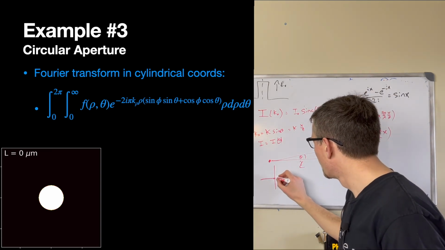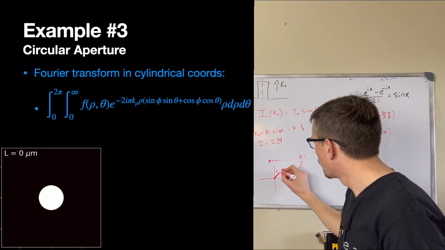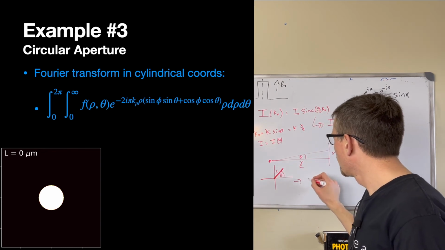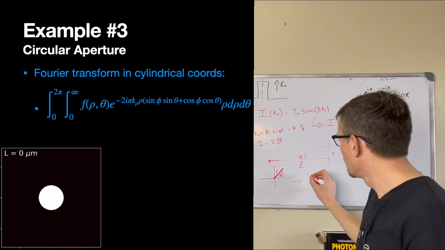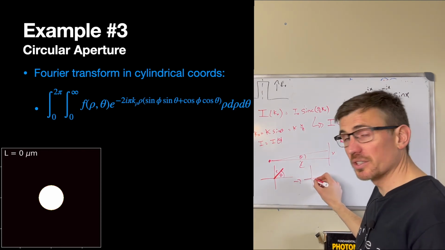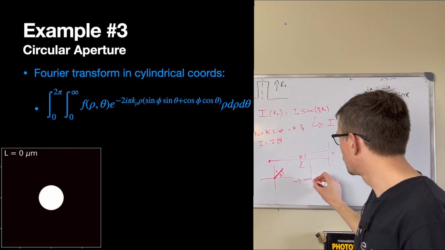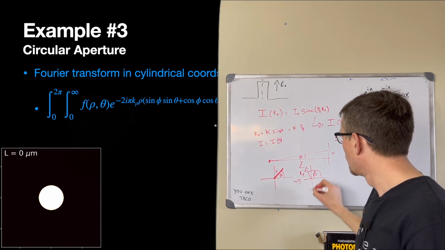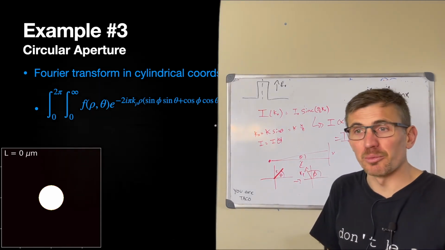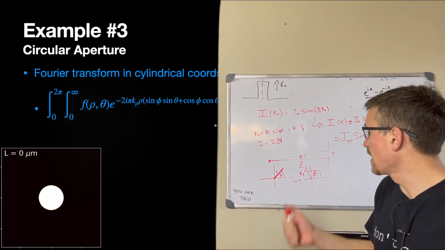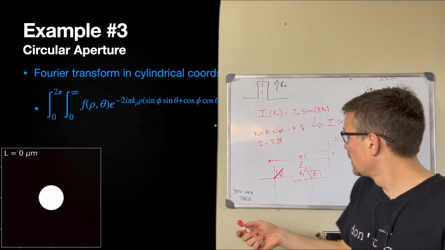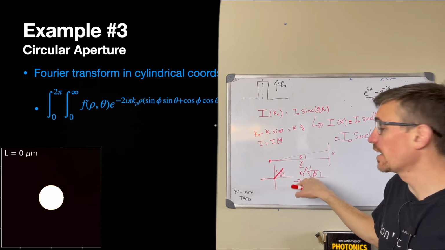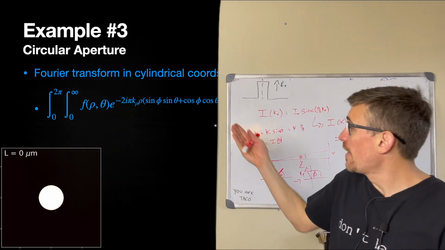You have some rho and some theta, and that's going to have a Fourier pair, which will also be in cylindrical coordinates, and it'll be k rho, we'll call it, and phi. So these are just the Fourier variables. Instead of x, y, kx, ky, or omega, t, we have rho and k, and theta and phi as our conjugate variables.